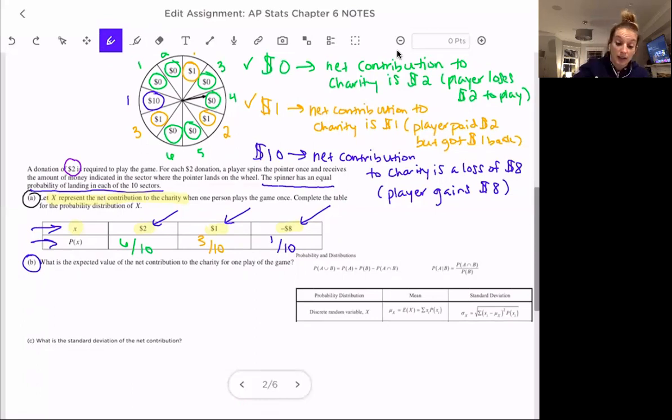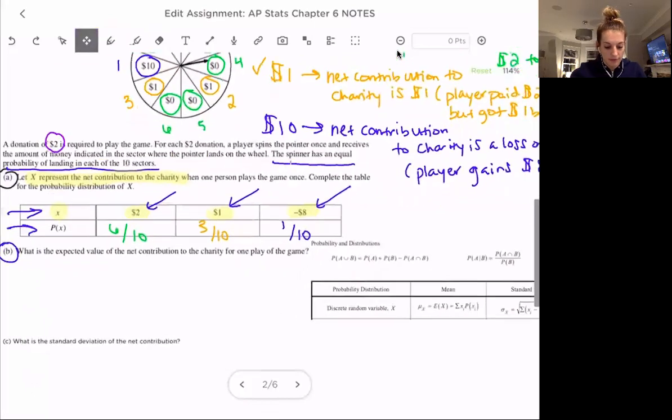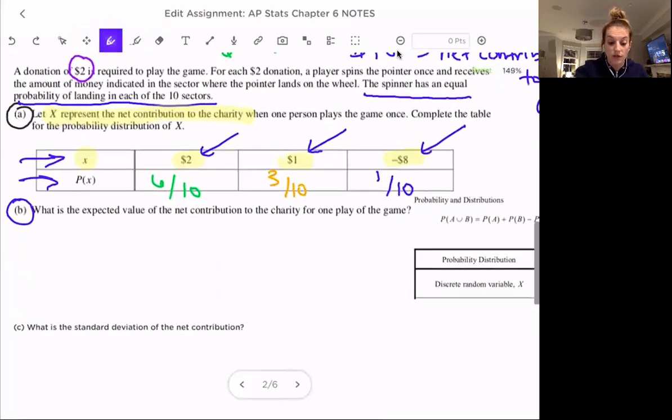So expected value, if you read 6.1 or you watched the videos during our asynchronous day, you learned that expected value is just an average.